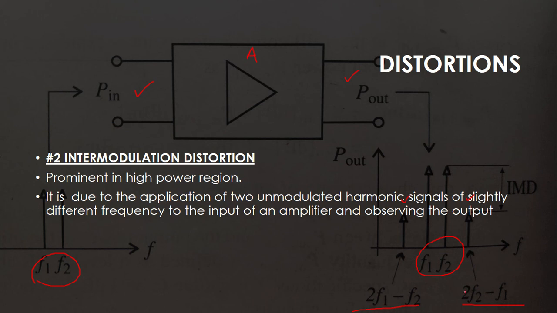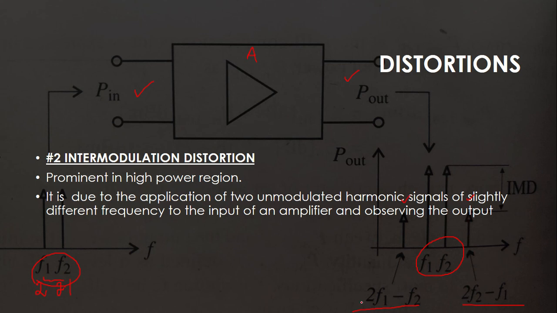These additional components appear because when we give two input frequencies of very close values, for example, if I give this to be 2 Hz and this to be 2.1 Hz, when I apply this to the amplifier, the given frequencies get amplified, but in addition, distortions are introduced.